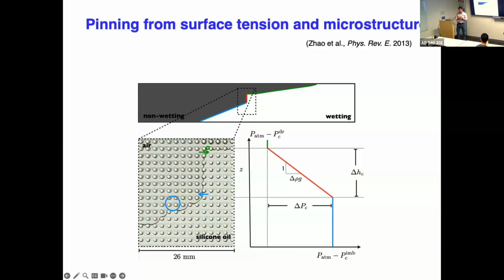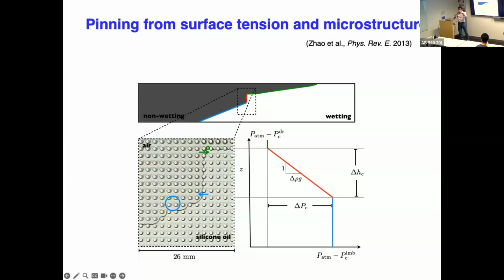There's no hysteresis. For air to move, it has to squeeze through the pores, so it has to adopt a configuration with a small radius of curvature, and there's a pressure associated with that small radius of curvature. Whereas for silicone oil to invade and displace the air, it doesn't have to squeeze through anything. It has to hug the pores, so that configuration has a much larger radius of curvature.